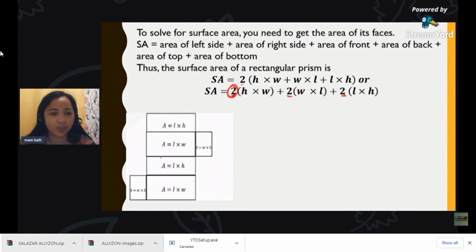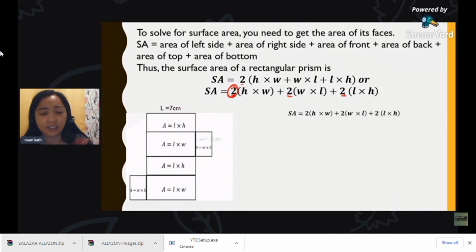Now, so here is the net of the rectangular prism. Let's say for an example, the length is 7 centimeters, width is 3 centimeters, and height is 4 centimeters. So gamitin natin tong formula natin dito. Tingnan natin. Let's say ito yung dimensions niya. First is to write the formula here.